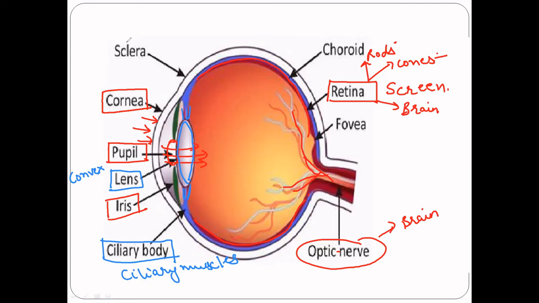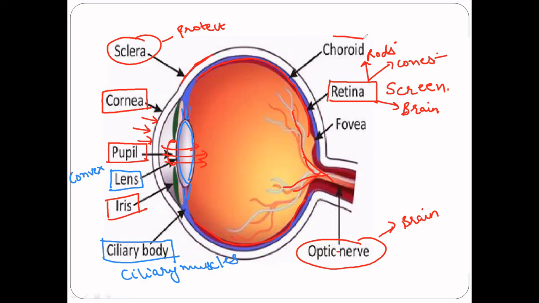Now, the outermost layer, the tough layer, is not present in front but is present on the posterior side, and its function is to protect the eyeball. So the eyeball is protected by the sclera, and the sclera is a tough tissue layer.